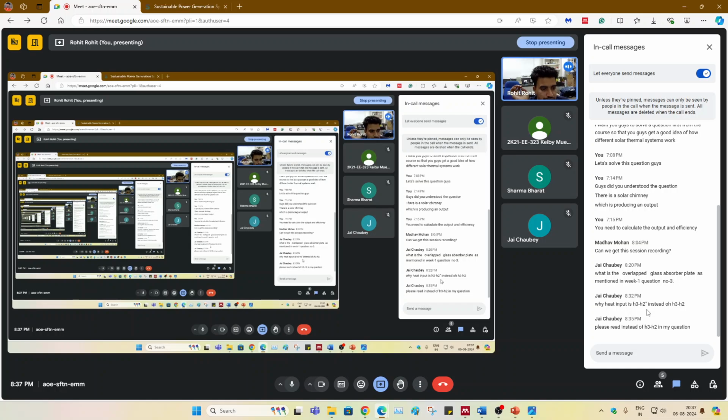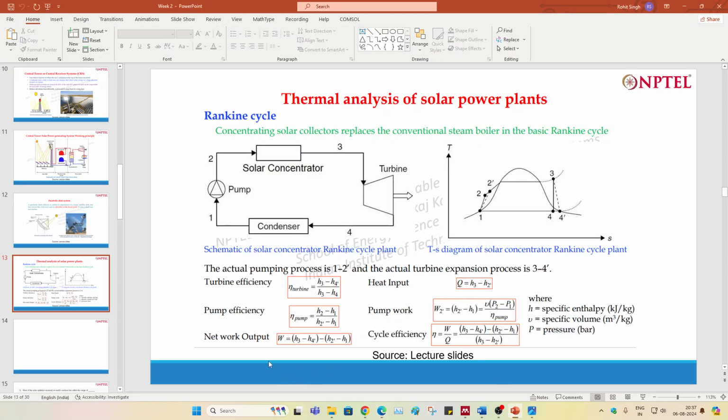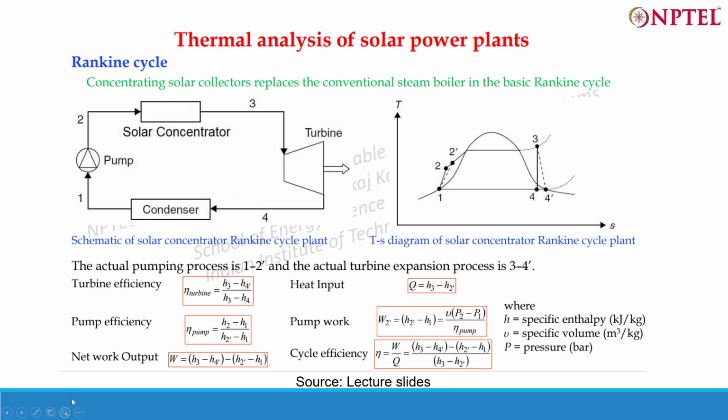So basically, when you see this TS diagram, heat input should have been H3 minus H2. This is the ideal heat input. But what happens when the pump starts working?